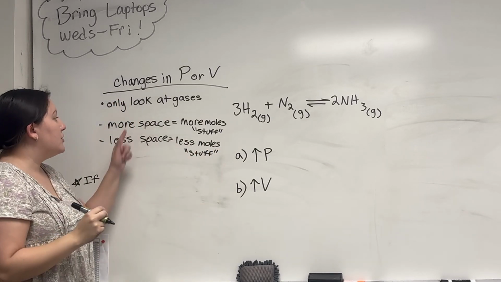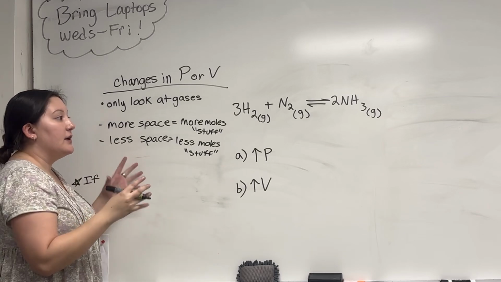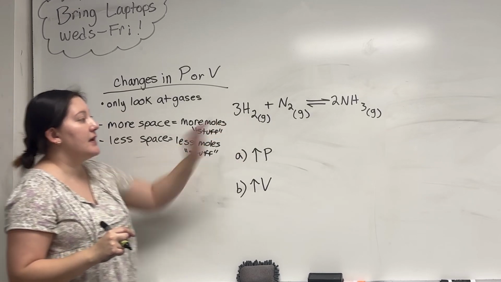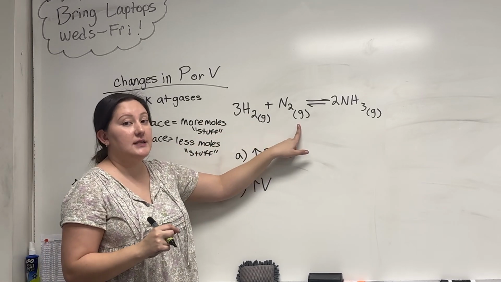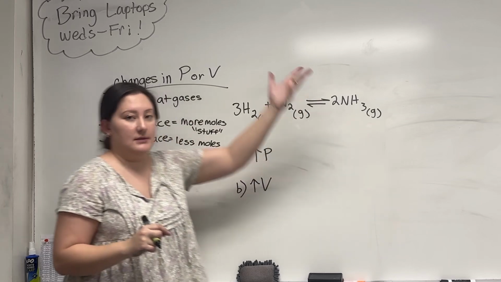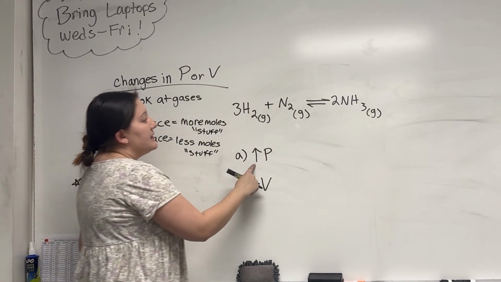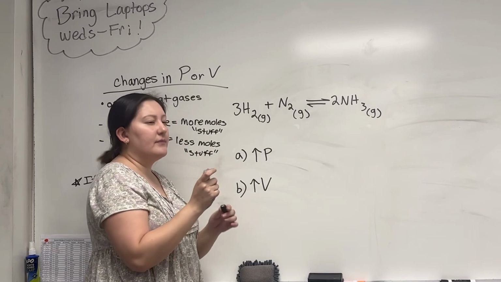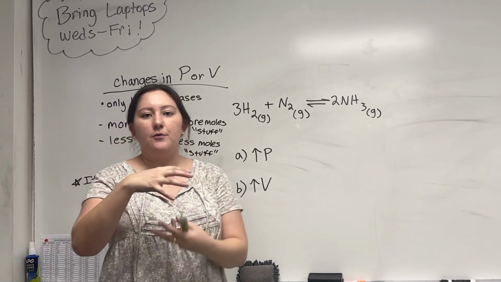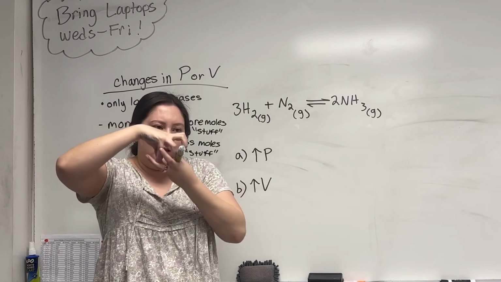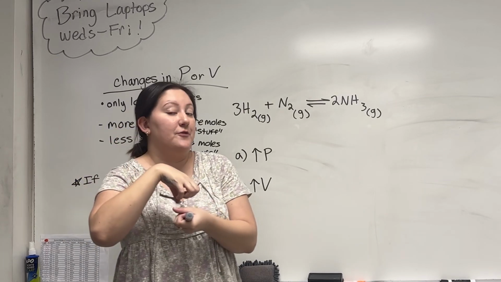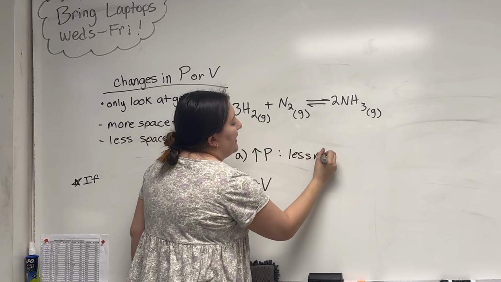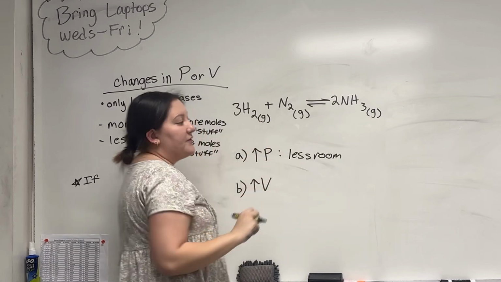Okay, so for those two changes, whether they increase or decrease, you can figure out what's going to happen based on these two principles here. So here's a reaction. We know these are gases because they're diatomic. Also, if I tell you what the phase of matter is. So let's say I want to increase the pressure. If I increase the pressure, think about the water bottle from the gases unit. If I increase the pressure by squeezing it in, I'm creating less room for stuff. Less room or less space for stuff.